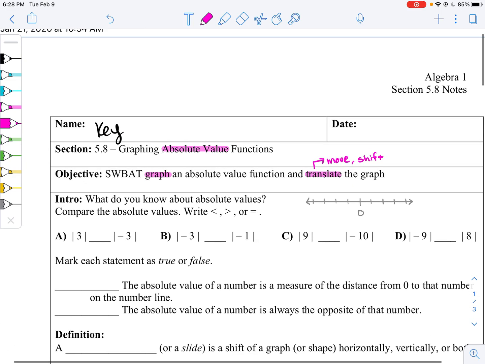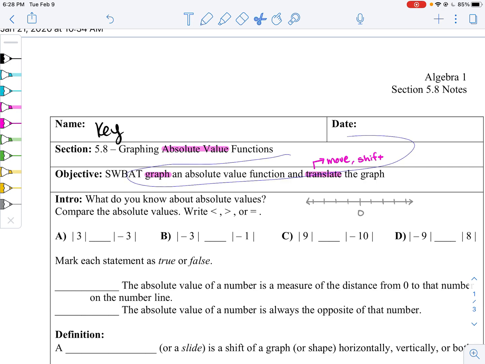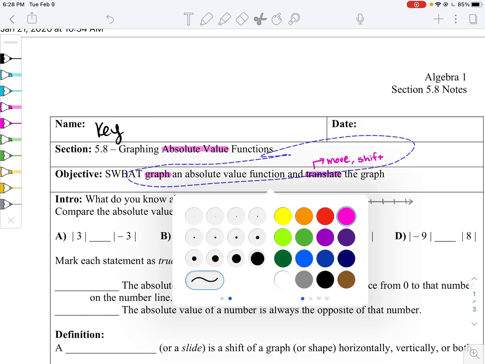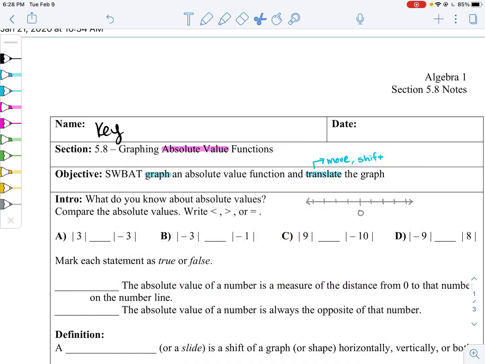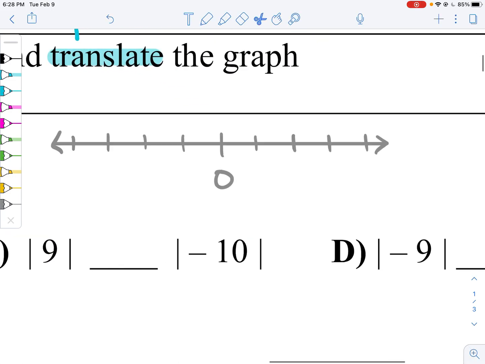So here I am talking about absolute value, but what does absolute value even mean? Well, absolute value, you'll remember, is a number's distance from zero. So if I have like 3 over here, that's 1, 2, 3 away from 0. So the absolute value of 3 is 3. But guess what?